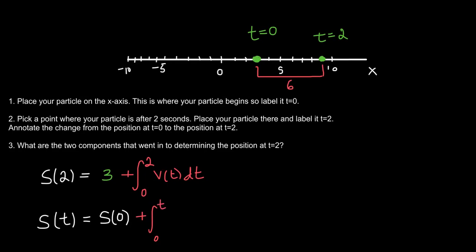And since I'm using lowercase t now in my upper limit of integration, I've got to change the dummy variable in here. So I'll just do v of x dx. Okay? And since this piece here tells me the change in position, also known as the displacement between 0 and any time t, and then I add that displacement to the initial position, I will have the position at any time t.